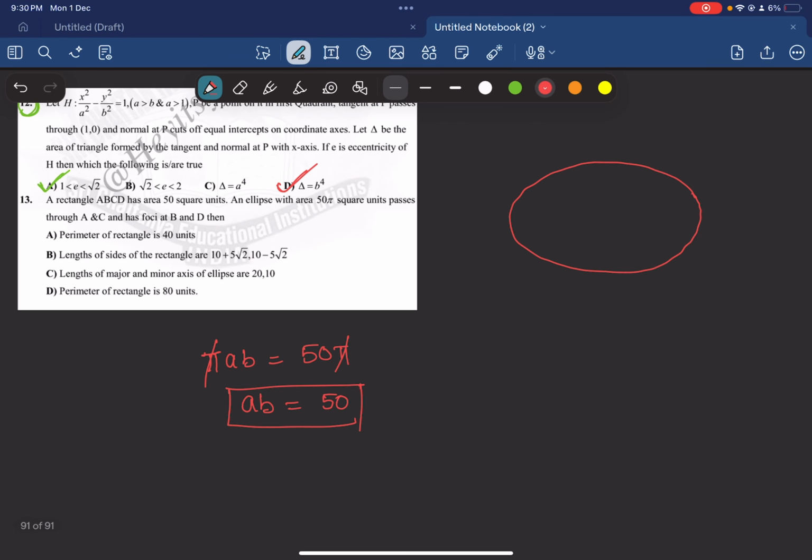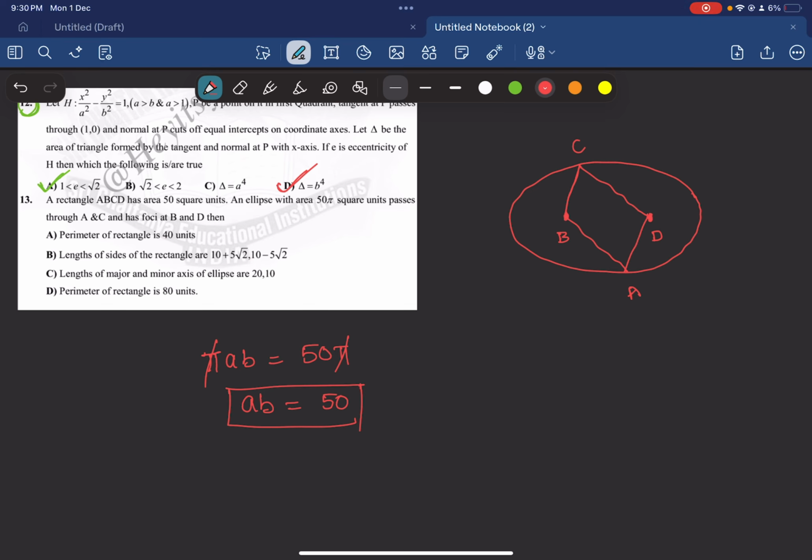Now rectangle ABCD. This is one focus of the ellipse, this is another focus of the ellipse. So here you have B, here you have D of the rectangle. Something like this. Here you have A, here you have C. AC passes through the ellipse, BD passes through the foci. This is what is given, and the area of the rectangle is 50 square units.